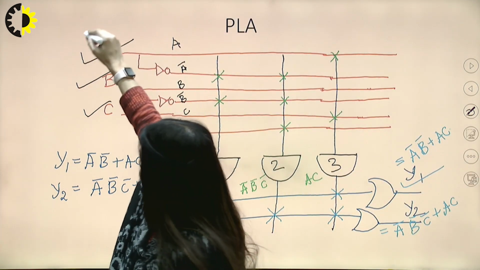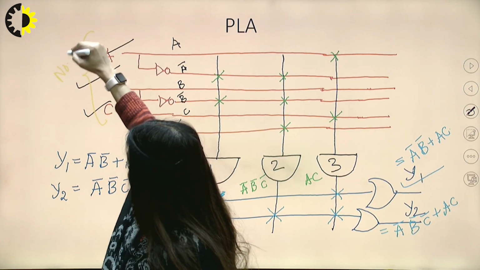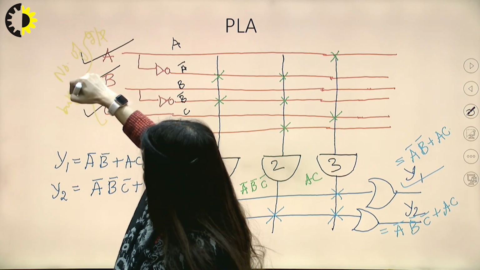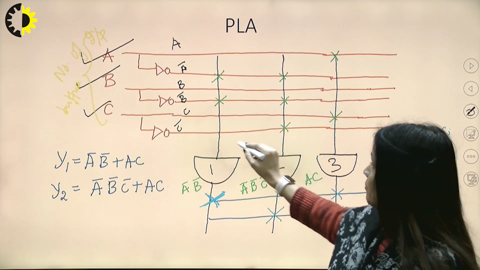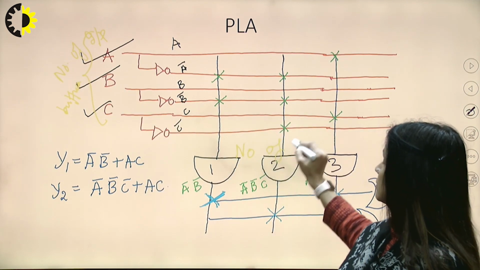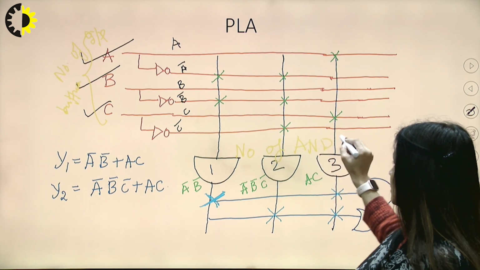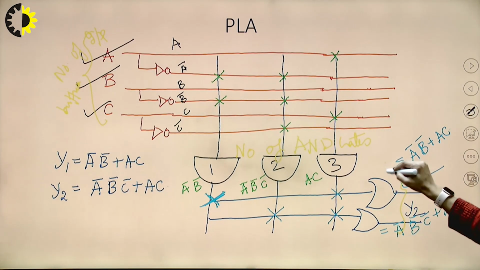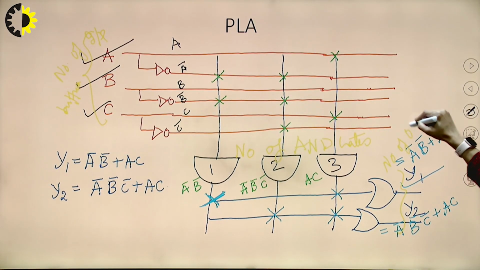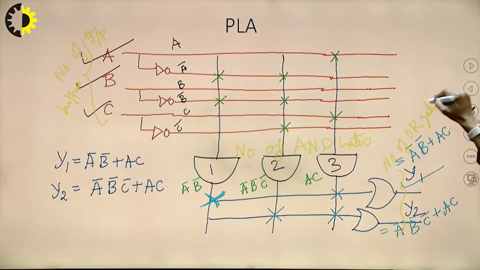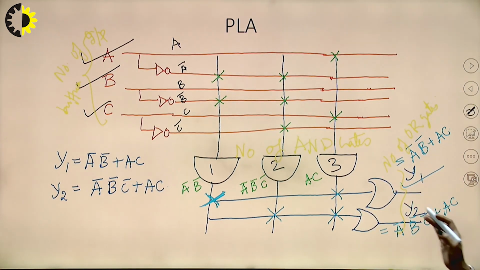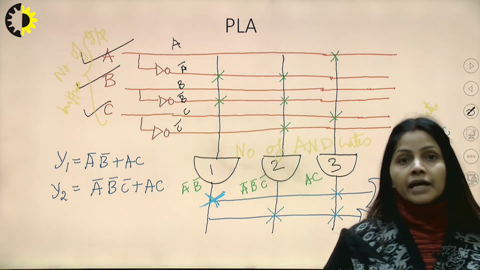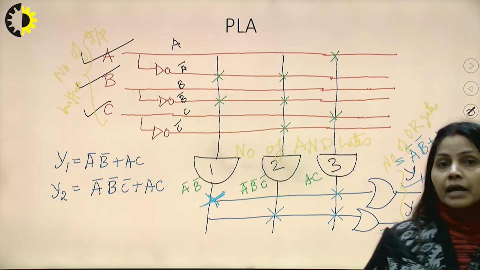So here, number of input buffers, number of AND gates, then coming to this particular part, number of OR gates, and realize the circuit using the fixed connections. So this is how we can design our programmable logic array. Thank you.